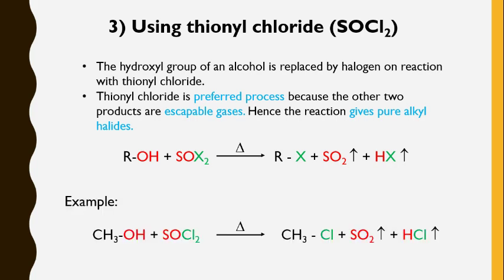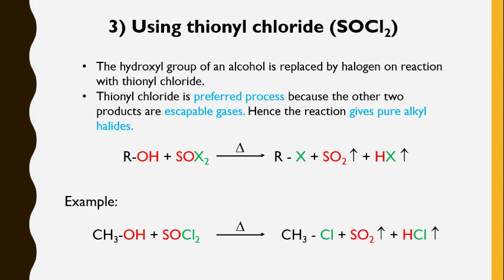Now see the example. When methanol is treated with thionyl chloride, it forms methyl chloride plus SO2 and HCl. Both SO2 and HCl are in gaseous state. Therefore, we will get a very pure product of methyl chloride.